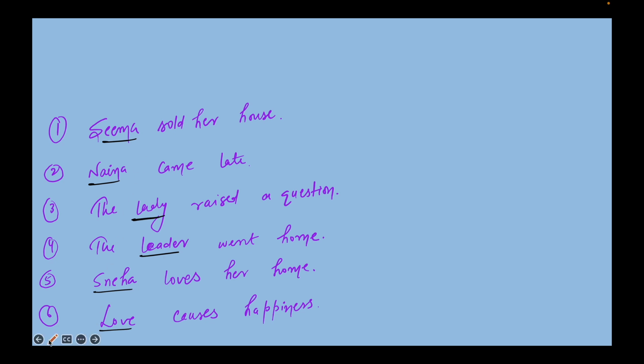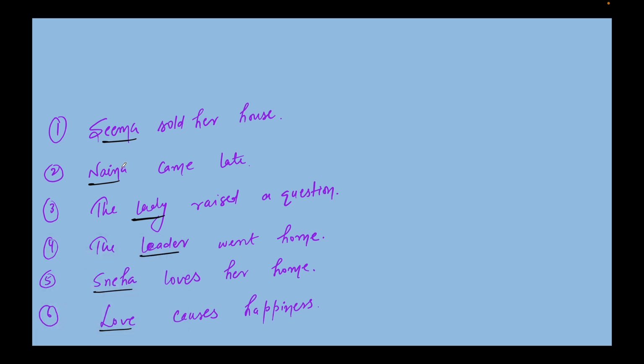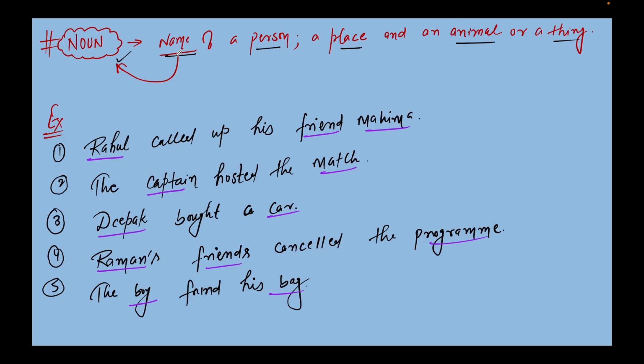So let me write the definition of noun. After that, I will make you understand why all these are here and how they are connected with the new definition of noun. So this is the definition of noun. In the earlier definition, it was a name of a person, place, animals, or things.